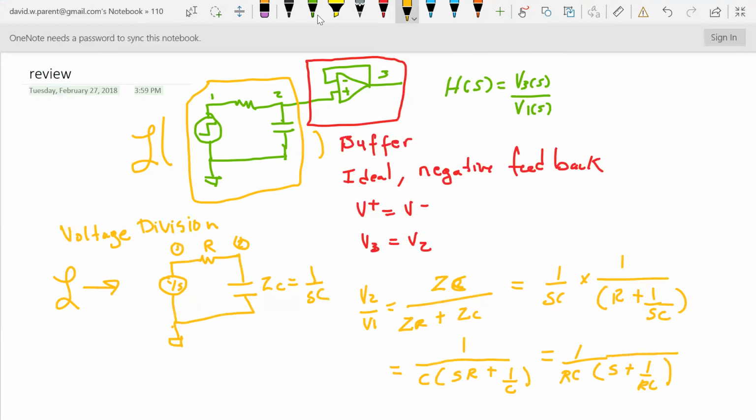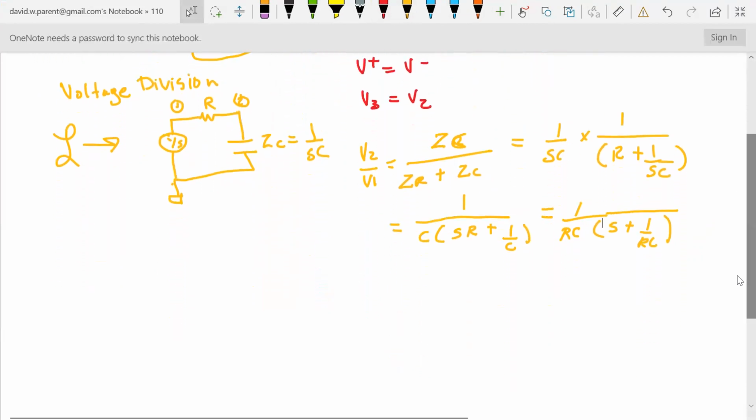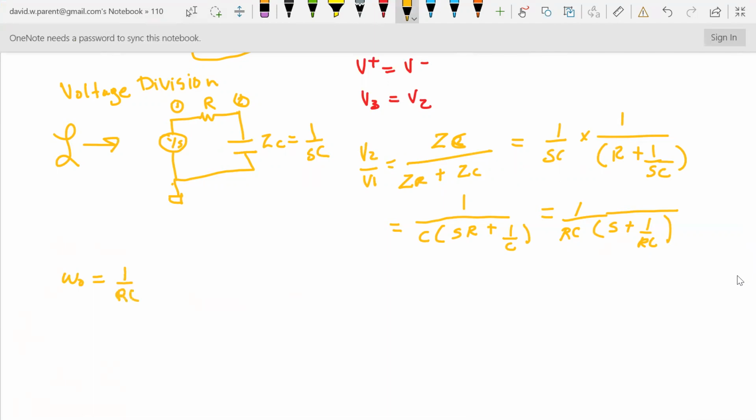And now this is a format that we can start to work with, but we can even make it easier when we say omega naught, or the cutoff frequency, equals 1 over RC. Then V2 over V1 becomes omega naught over S plus omega naught. And right now, that's where our pole resides.